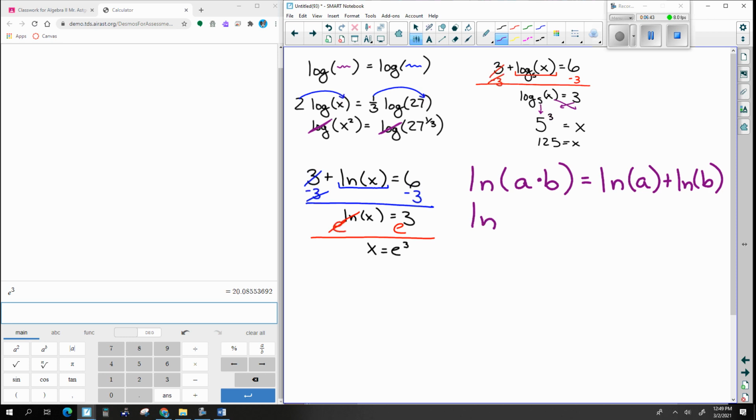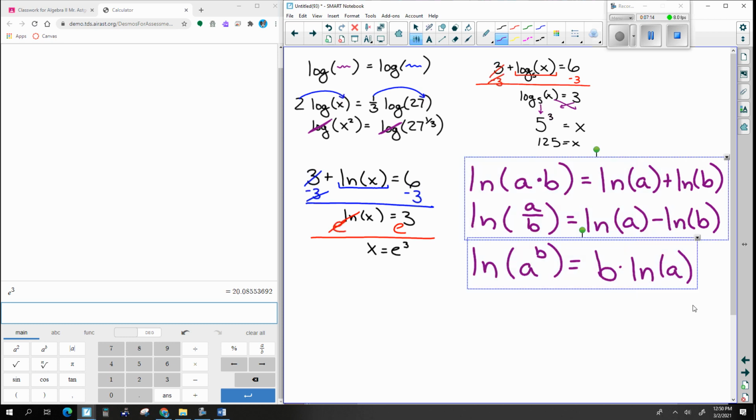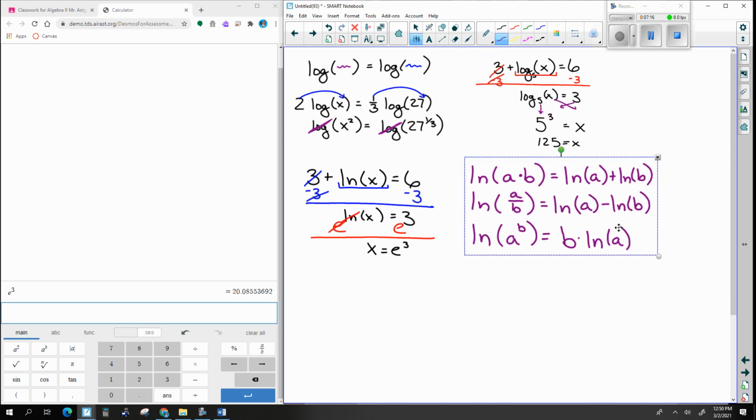An inside division is an outside subtraction. And if I have an inside exponent, that's an outside straight-up multiplication. So you'll have to do a lot of these tricks to turn it into one log, so you can have a singular log all in equal to a singular log all in.